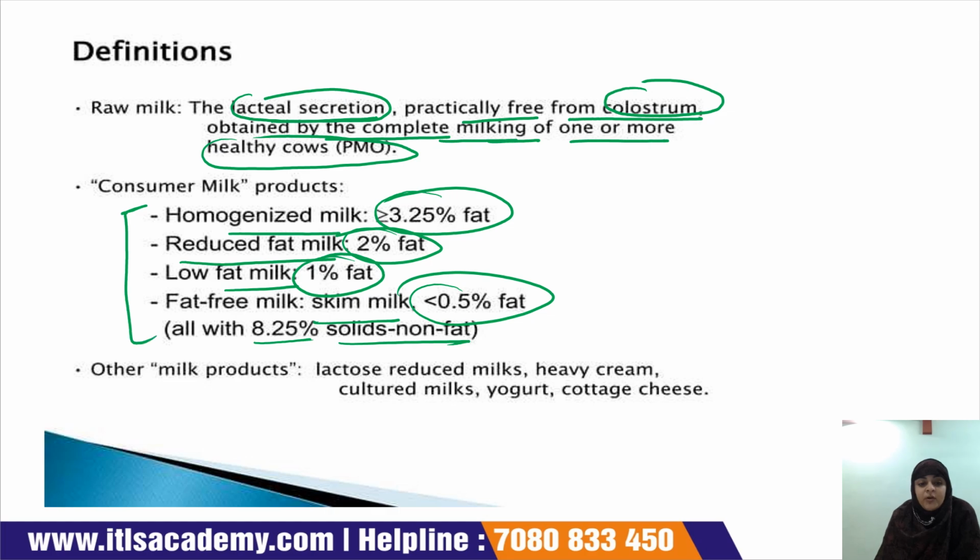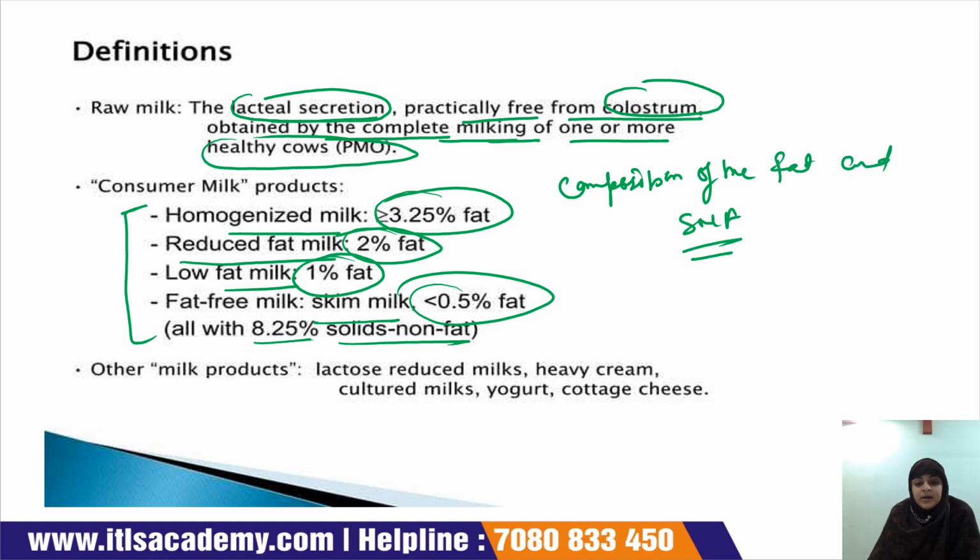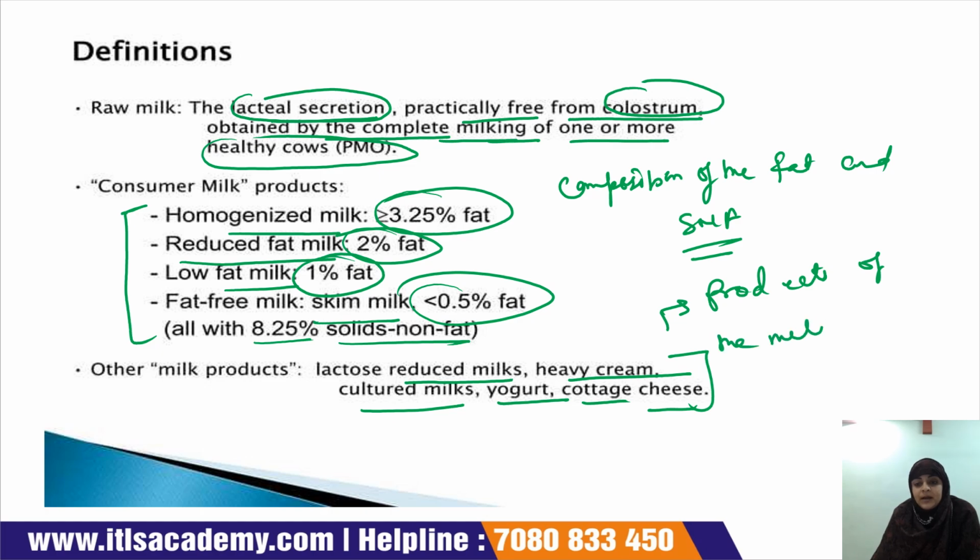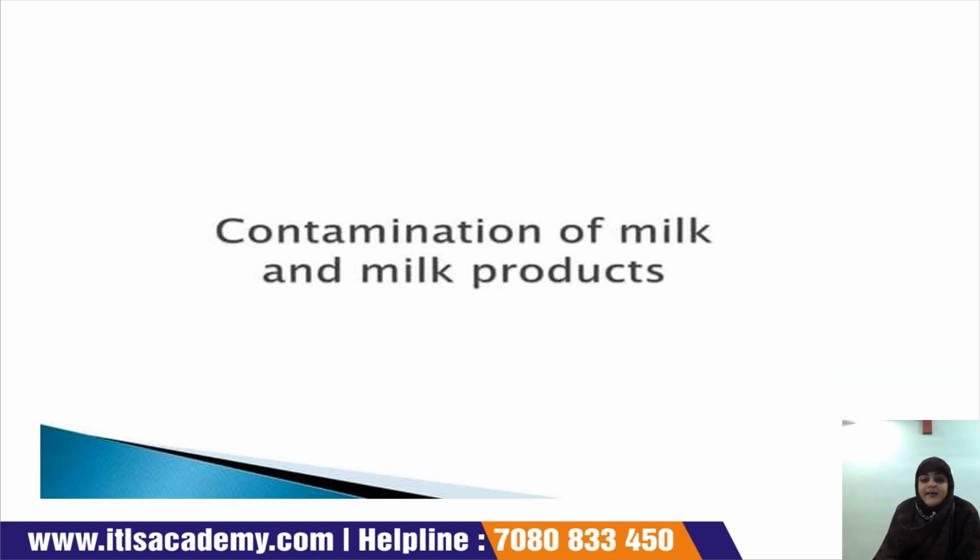So this is the composition of fat and SNF. Other milk products like lactose reduced milk, heavy cream, cultured milk, yogurt, and cottage cheese are products of milk. Now come to the next slide.